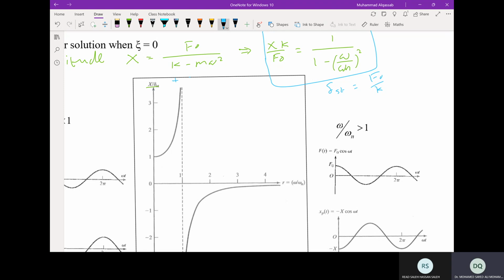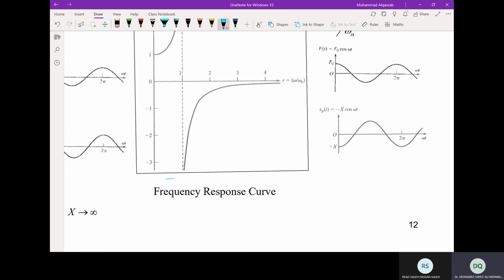Right, this is plus infinity. And when omega over omega n equals 1, then we have a division by 0, which will go to infinity. Just after 1, when omega over omega n is, let's say, 1.1 or 1.01, this quantity is going to be negative, and it's coming from minus infinity.